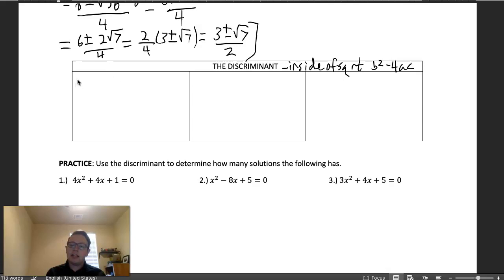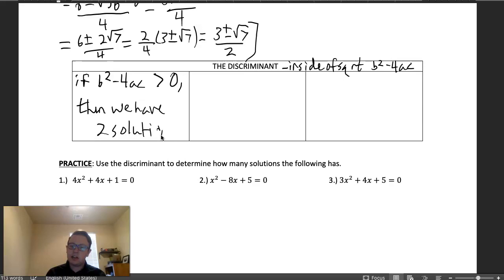So if our discriminant is positive, if it is greater than 0, then we know we will have two solutions, because we have a plus some square root and a minus some square root.